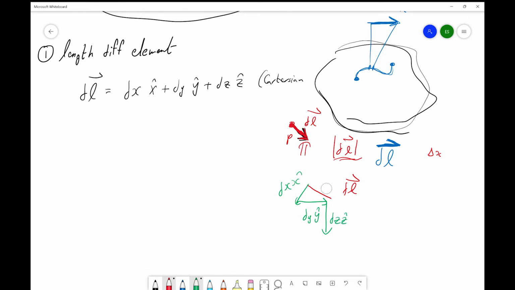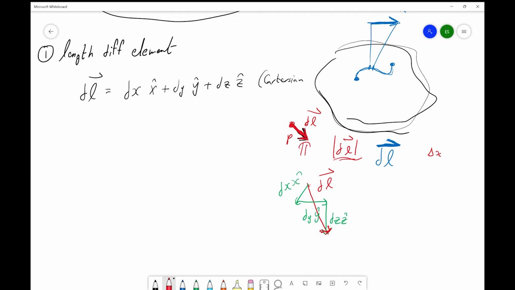Let me draw dl such that it points from the start to the end. Right, this is dl. So you can always write any displacement as the sum of displacements across the x, y, and z axis.